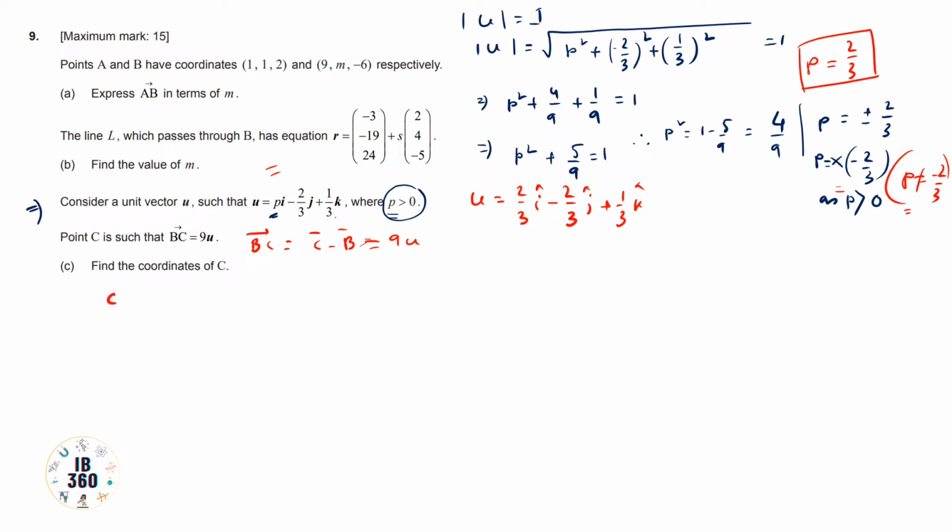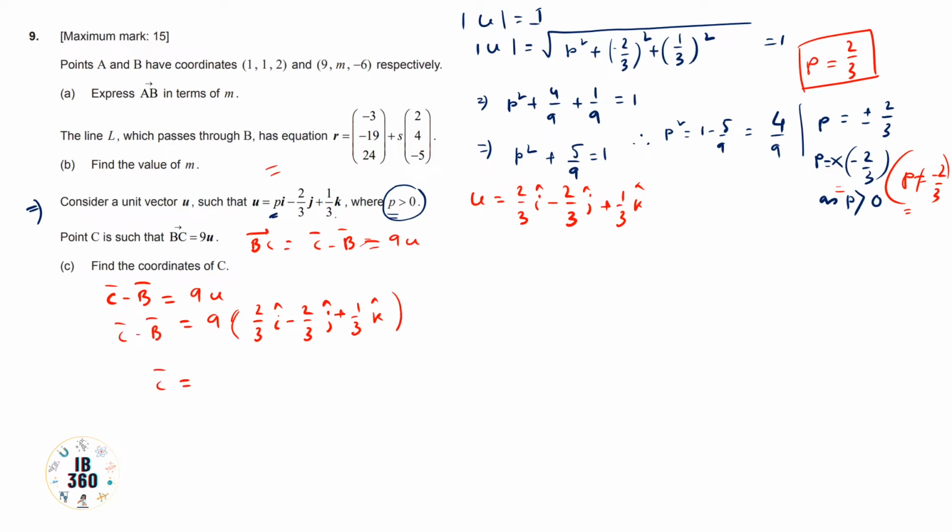Here I am writing C minus B equals 9u equals 9 into the value of u, which is 2 by 3i minus 2 by 3j plus 1 by 3k. This is equal to C minus B.